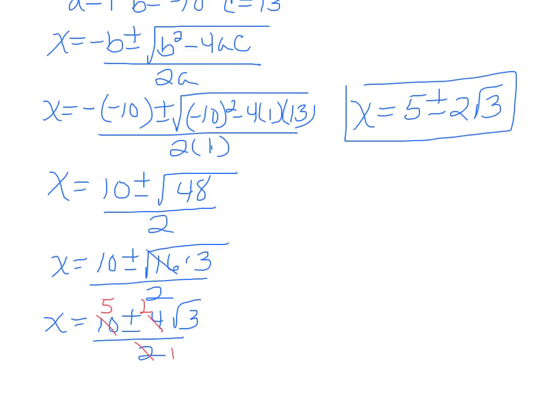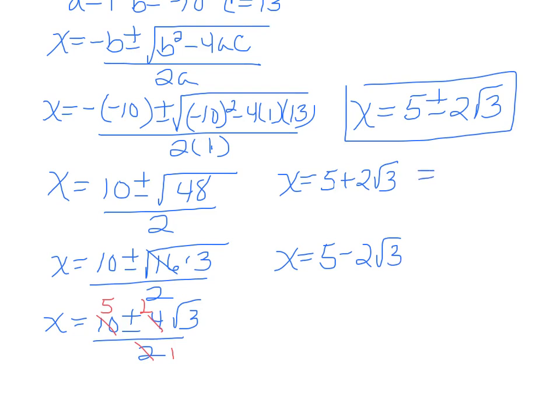So now the directions say I need to go to the nearest thousandth. So now I'm going to need to split it. Whoops, and here I just said I had to split it, and we're not splitting it here. It really should be x equals 5 plus 2 radical 3, and then x equals 5 minus 2 radical 3.